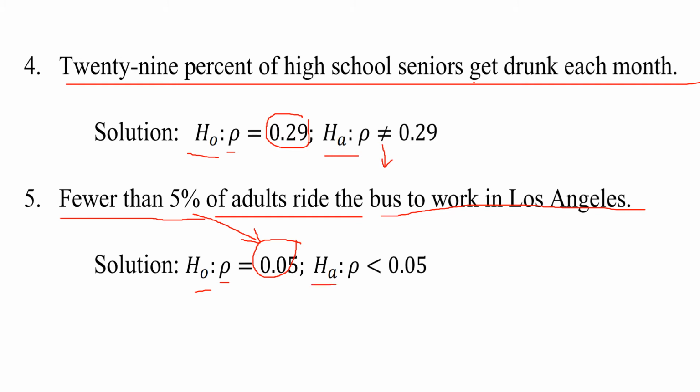Then for your alternative hypothesis, we simply use this fewer than 5%. That's why we assume that your alternative hypothesis now, your population proportion, is less than 0.05. Here we apply your fewer than 0.05 for your alternative hypothesis.